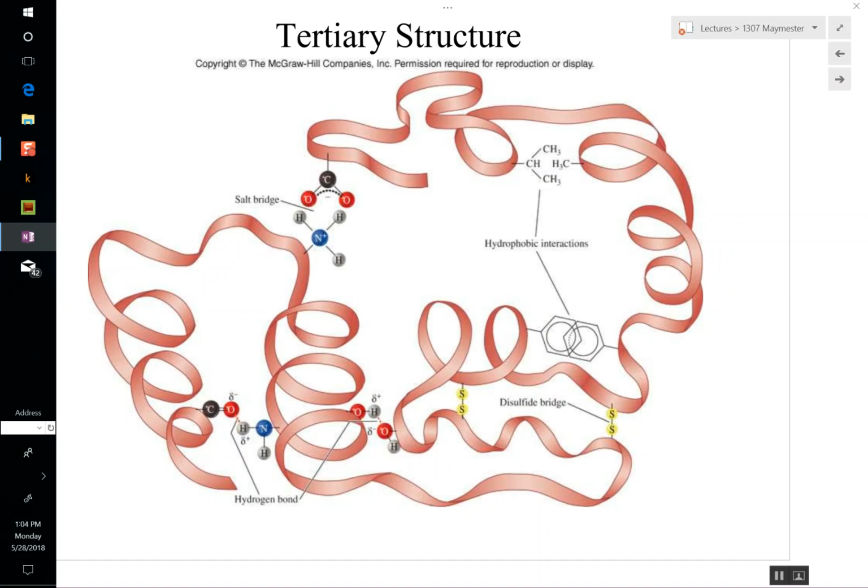And so you have a sulfur-sulfur covalent bond. Instead of having a couple pieces of paper loosely stacked together, you put a staple in it. You've stuck it together with a covalent bond. And we're going from weaker to stronger interactions.